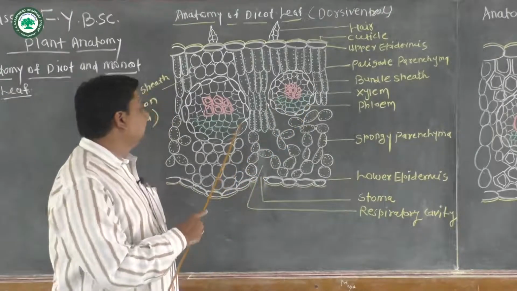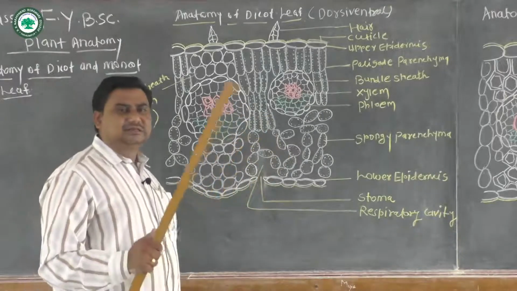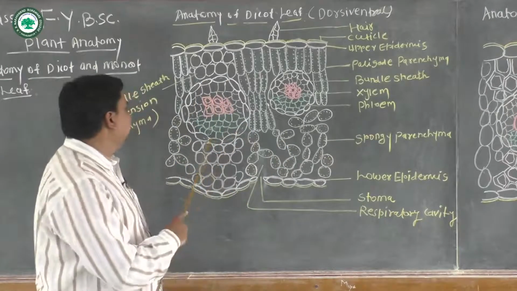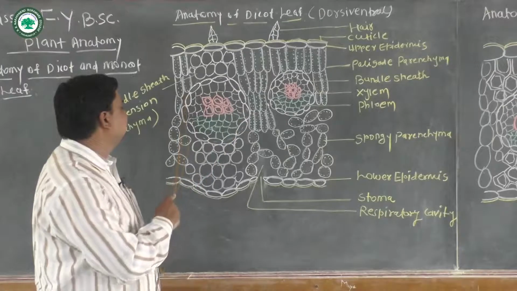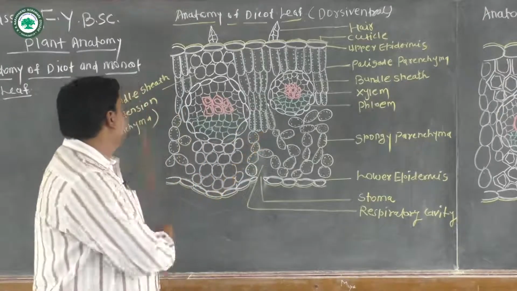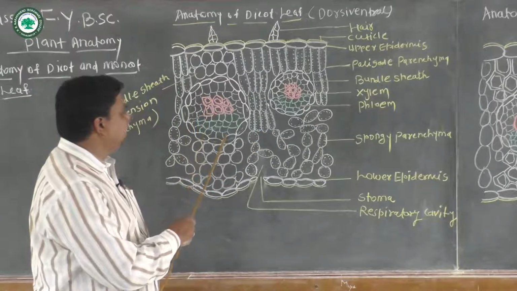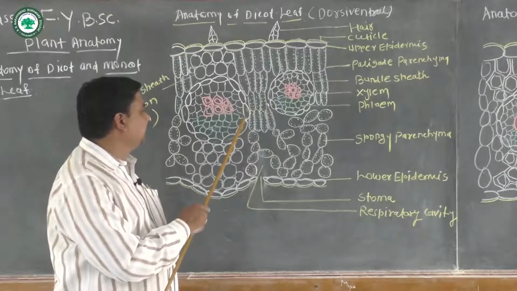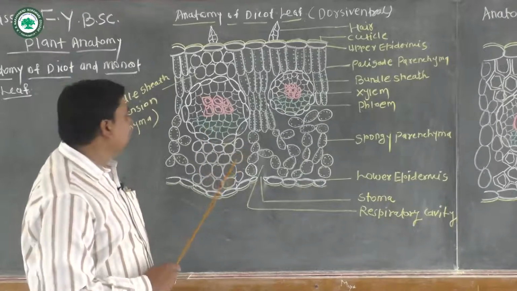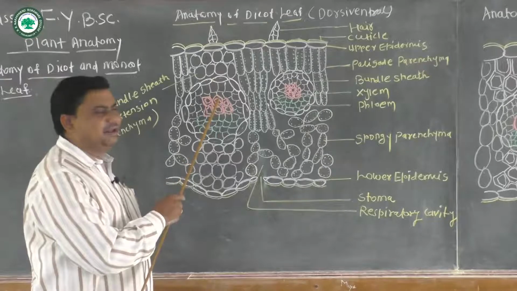So this vascular bundle is made up of the bundle sheath, xylem and the phloem. Here you can see the bundle sheath, what we call the covering of the vascular bundle. This bundle sheath is made up of parenchymatous cells, and it has the metaxylem and protoxylem.